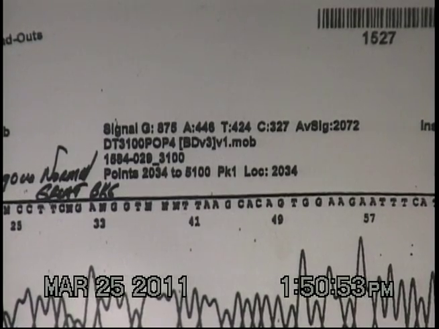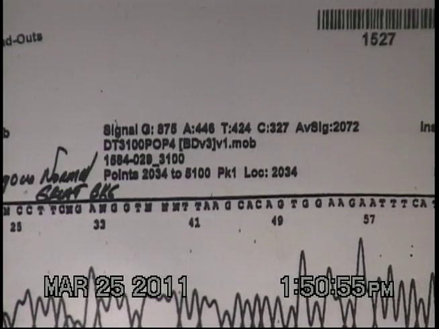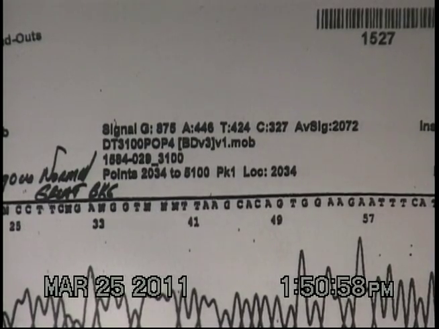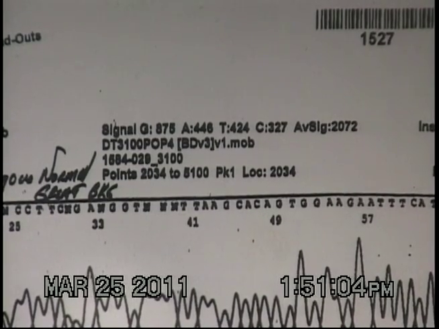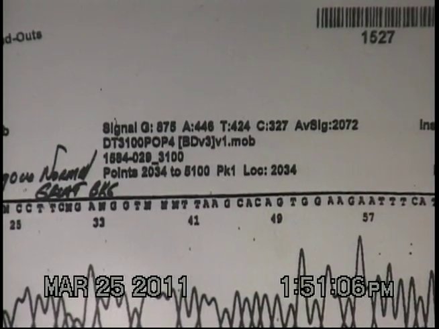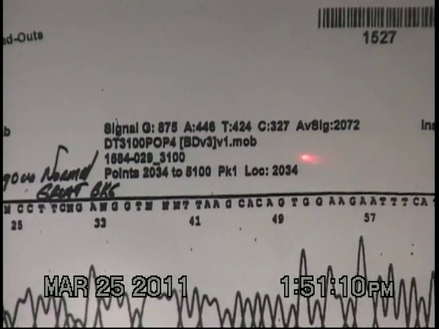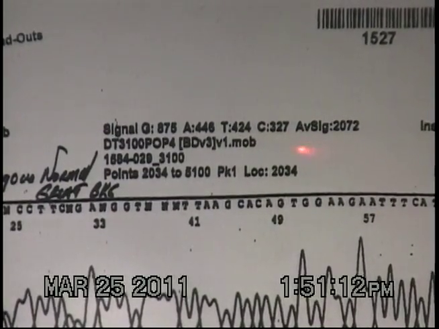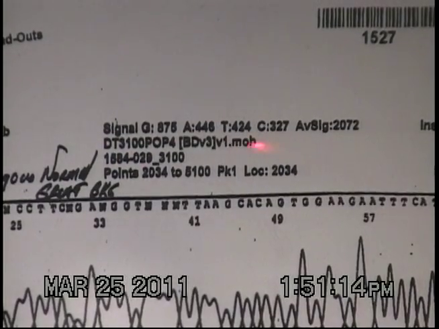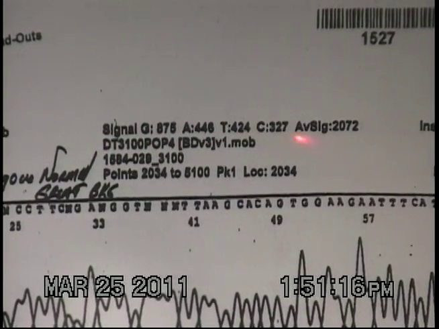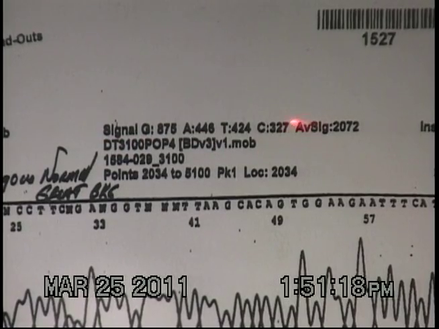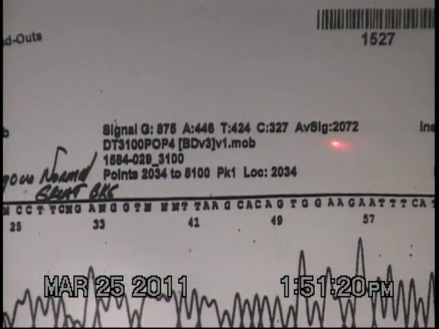If you assume that average signal should be the average of those four, clearly it does not do so.